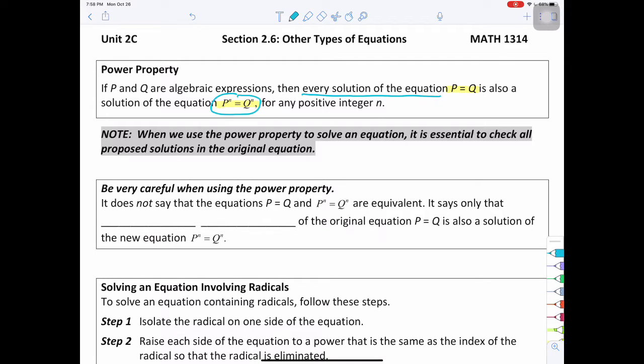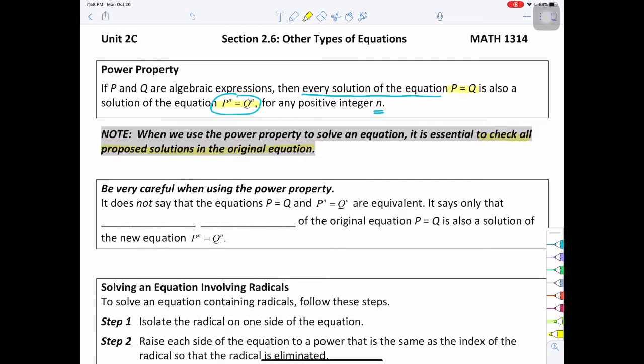When we raise both sides to some positive integer power n, we do have to check all proposed solutions. And it's really important. You will find solutions that don't work.